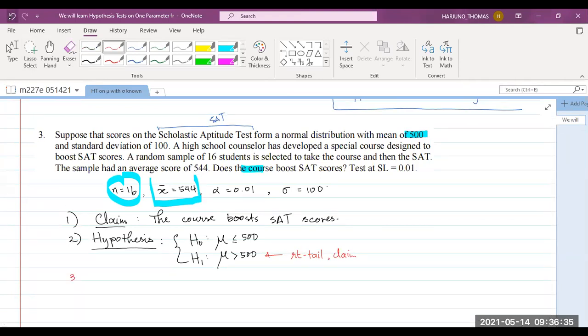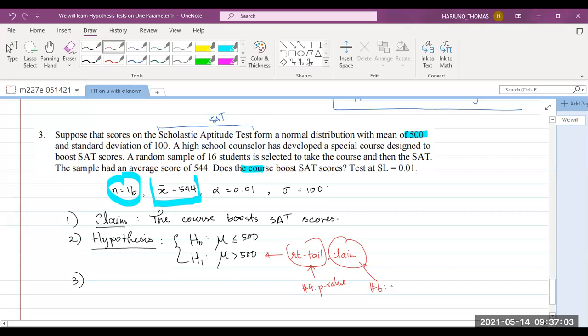Now I usually write that in red, the right tail and the claim. You don't have to, and in your formal report you don't write that in red, but that gives us the idea. A right tail, this we will use in step 4 when we do the p-value. We will use the fact that it is a claim in the alternate hypothesis in step 6.